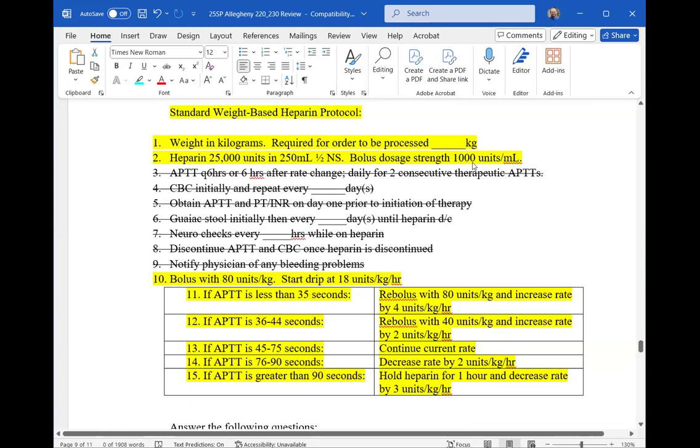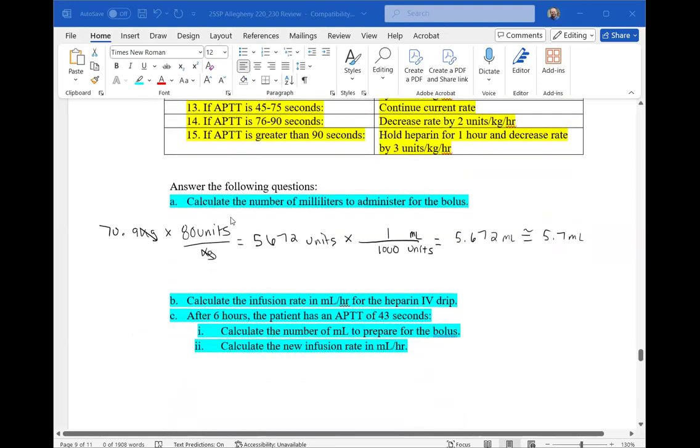When we do the infusion, we have 18 units per kilogram per hour. Then we have our IV, and this is what we're programming. I think you're going to start to see the process. So when you get this question, you're going to see what I have written here: answer the following questions.